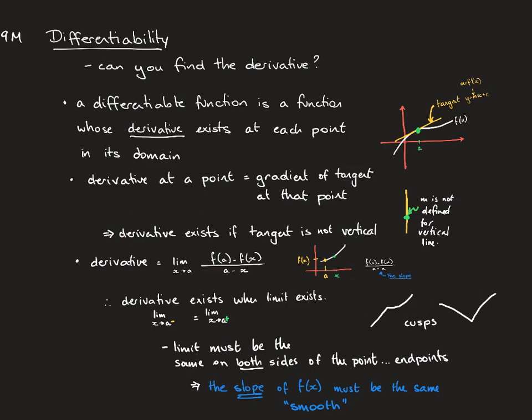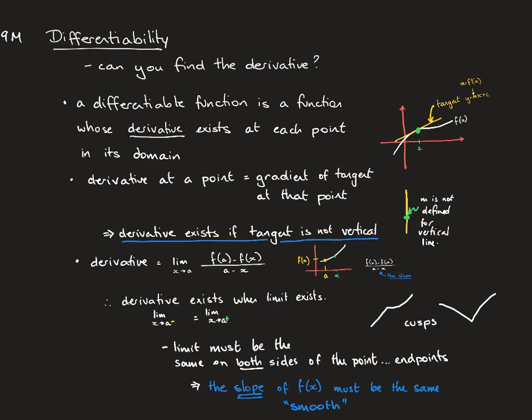As long as that tangent has a gradient that is defined, that has a value for the gradient, then we have a derivative. And the only time that the gradient of a straight line is not defined is when it's a vertical line. And so the derivative will exist if the tangent at that point is not vertical. If you've got a vertical tangent, you won't have a derivative.